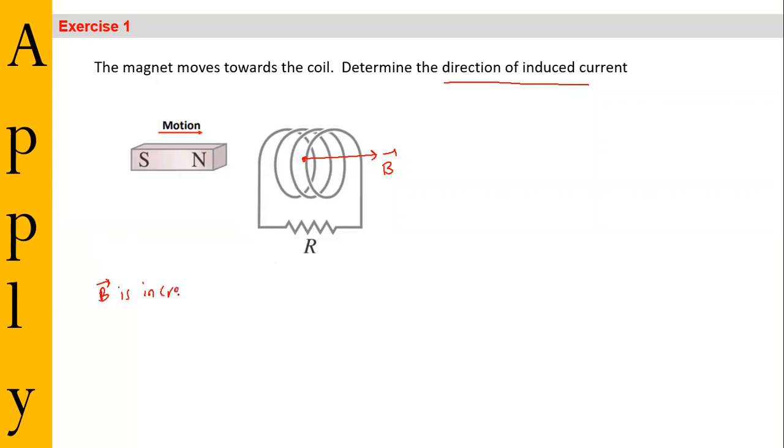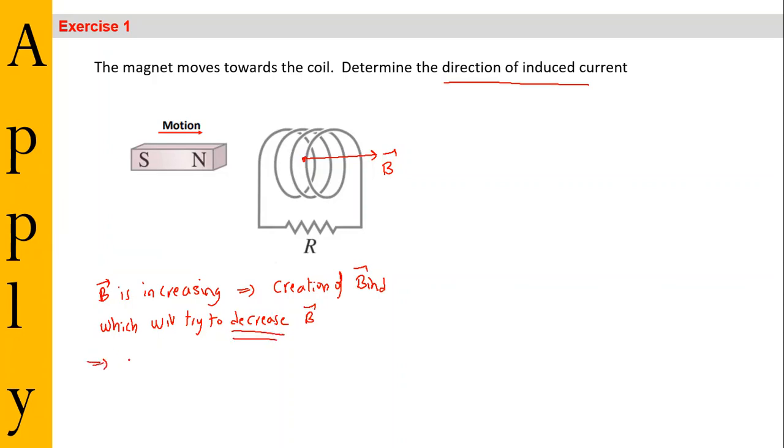So B is increasing. It's not enough to say that it's variable; I should know if it's increasing or decreasing. So B is increasing. This means I will have a creation of B induced, which will try to oppose the variation. This means creation of B induced, which will try to decrease B. In order to decrease, I need to reduce the value.